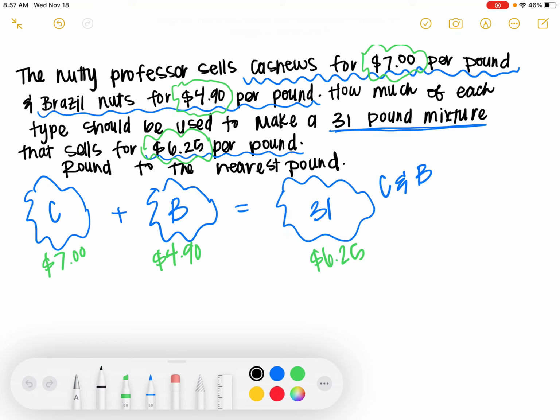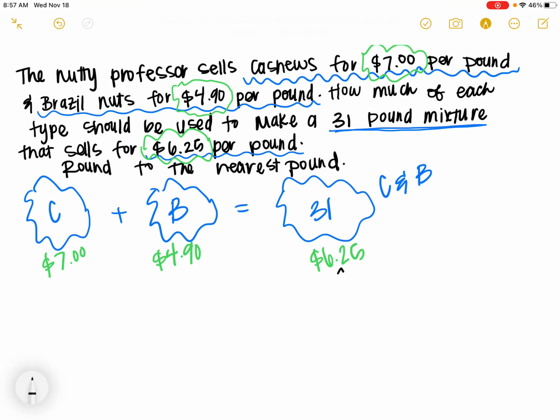So here, this is $6.25 per pound. Since that is per pound, and we have 31 pounds here, that's $6.25 for each of those 31 pounds.